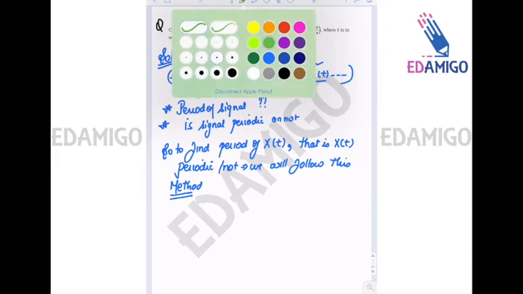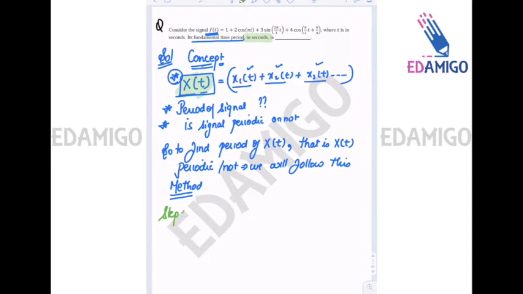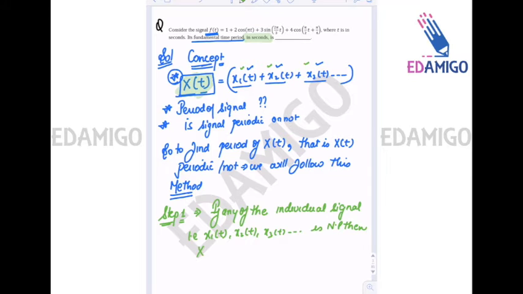So step number 1. Step number 1 is, if any of the individual signals x1(t), x2(t), x3(t) is non-periodic, then capital X(t) is non-periodic.